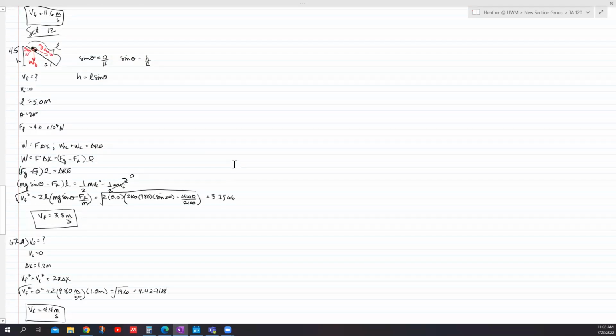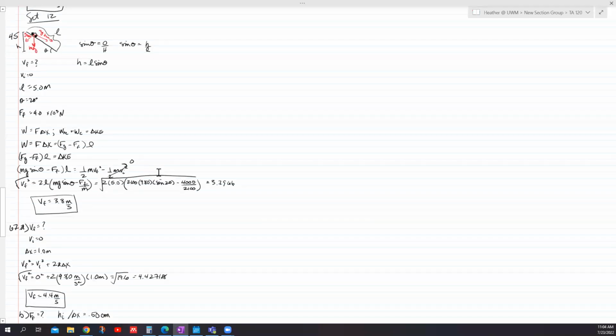So work equals F delta X. F is going to be Fg minus F, force of gravity minus force of friction, times L. L is our delta X.